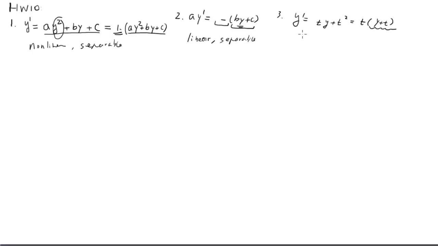So this one is not separable. But it is linear because it's linear about y. This term doesn't matter because it's a function of the independent variable t. So this one is not separable, but it's linear.